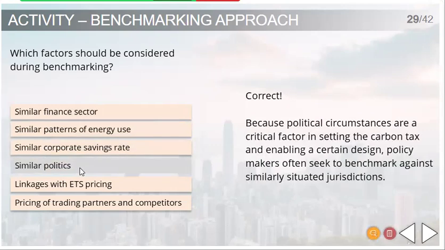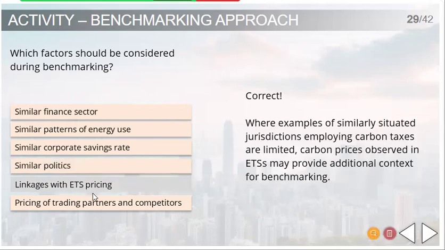And similar politics, it is correct, because political circumstances are a critical factor in setting the carbon tax and enabling certain design. Policymakers often seek to benchmark against similarly situated jurisdictions. And linkage with ETS pricing is correct, because examples of similarly situated jurisdictions employing carbon taxes are limited.